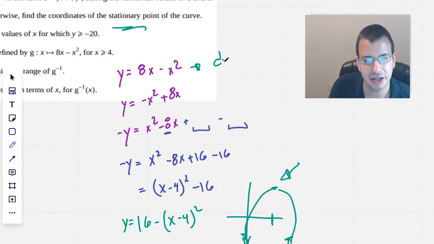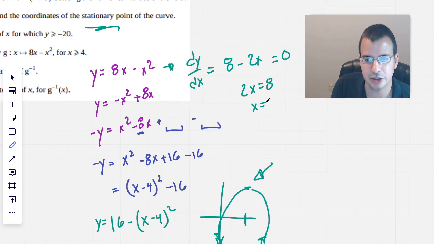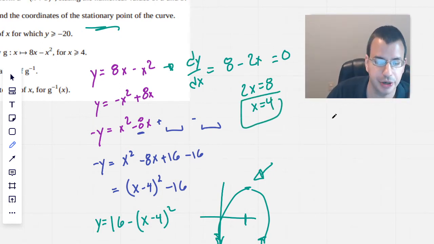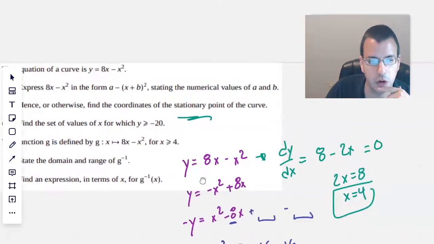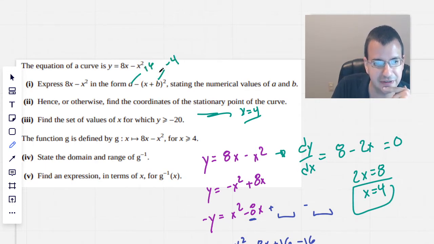So we'll say dy dx equals 8 minus 2x, which we'll set equal to 0. And so then we would have 2x equals 8, x equals 4. So 4 will be our stationary point, i.e. where the derivative equals 0. x equals 4. This one, 16, negative 4. And there we go.